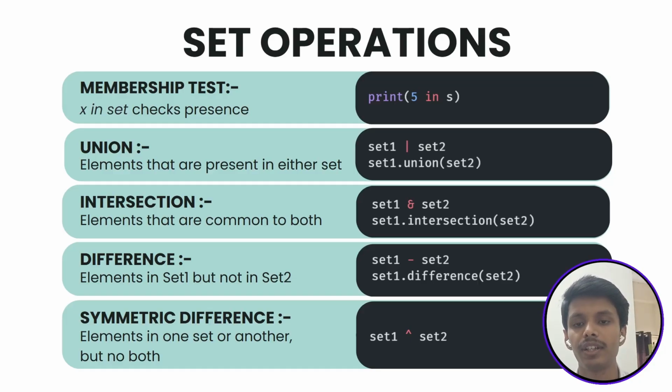Intersection returns common elements from both sets. Difference, A minus B, specifies only elements in A that are not present in B. Symmetric difference returns elements in either A or B but not in both.